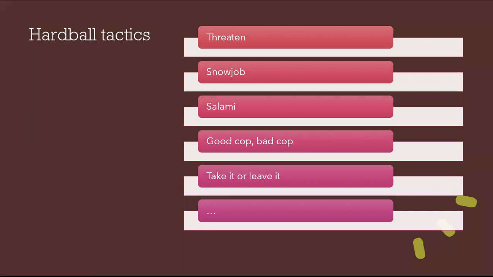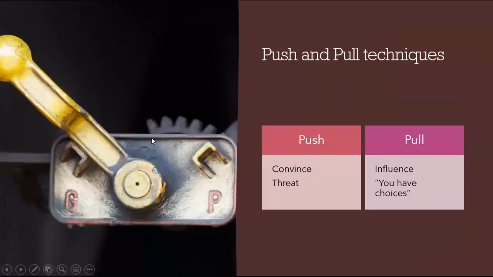When they're confused, you may convince them to do what you want, like giving them a solution to that confusion. Or you may use threat to force the other party to listen to what you want. It is very compatible with push technique.